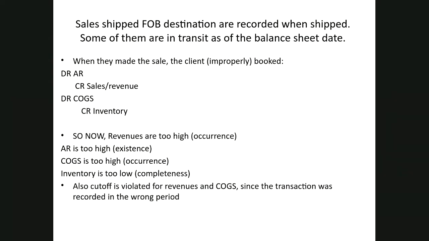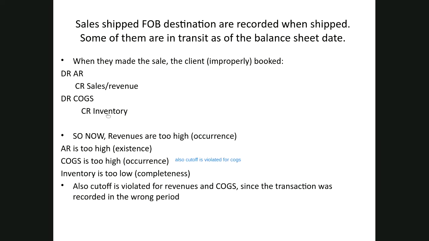So COGS, cost of goods sold, is also going to be too high, right? They debited it and they shouldn't have. So once again, occurrence is violated here. Also, cutoff is violated. And inventory is our one account that winds up being understated.